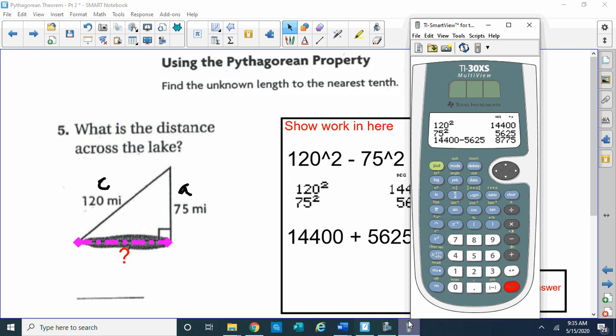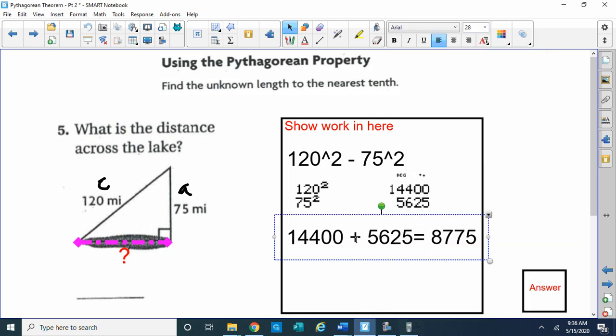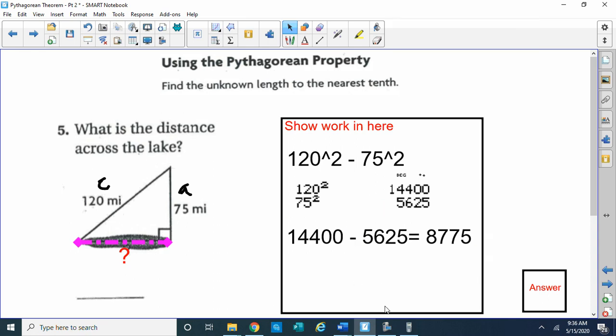Now, one more step. Oh, and I'm sorry, ladies and gentlemen. I'm not supposed to add. I'm supposed to subtract that. So I subtracted that, not added that.